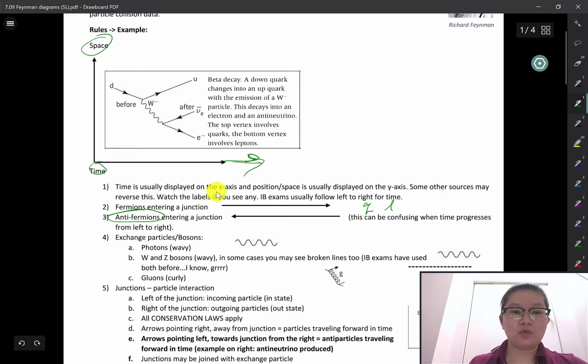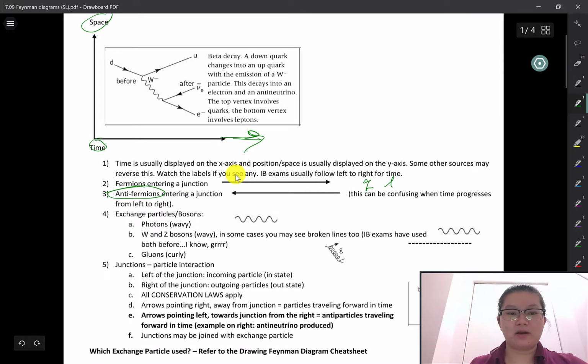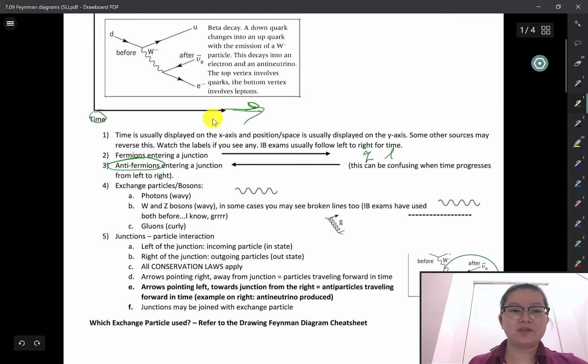Then you might notice lines that are wavy, or look a little bit different than your arrows. These represent the exchange particles or gauge bosons. We have wavy lines, which most of the time we use for W and Z bosons. So that's either W plus, W minus, and Z zero, the neutral Z. With photons, usually we use wavy lines as well, and sometimes on the IB exam they like to use both, but usually they are labeled, so that's something to look for.